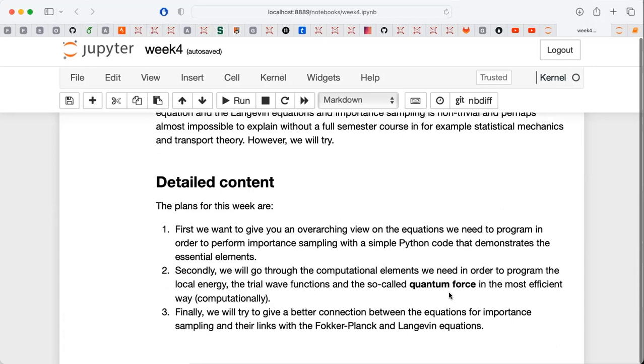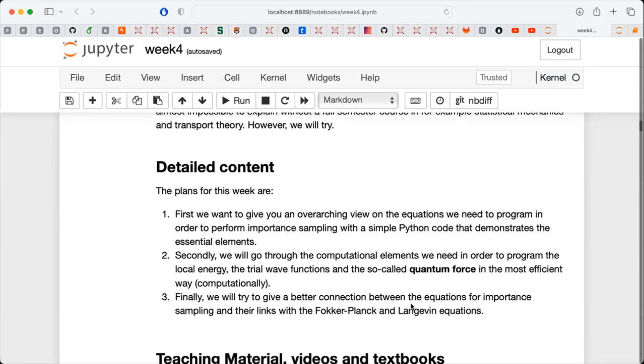And this kind of gradient is often called loosely a quantum force. And this is something which we need to implement computationally. And finally, and this is something which we will probably cover next week, we will try to link this with the Fokker-Planck and Langevin equations, which are ways by which we will implement importance sampling. So there are a lot of seemingly disconnected things which I will try to bring together here. But let me switch to the whiteboard now, and remind ourselves a little bit about what we did last week.